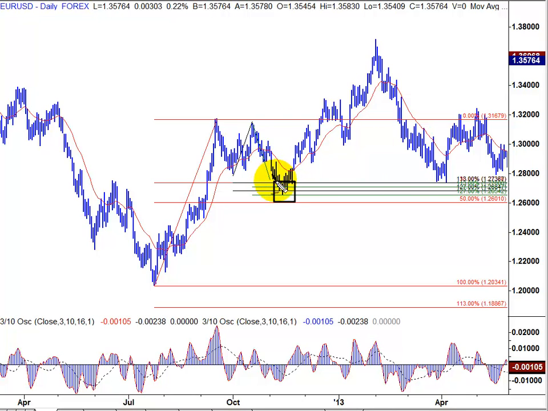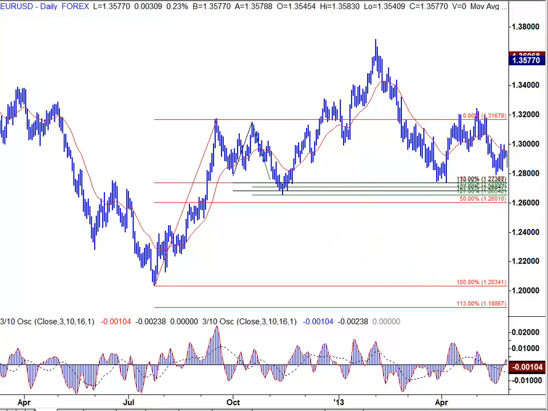So you can see price coming down into here, but what do we see? This whole zone is a cluster of support areas. Okay, so this whole area ends up being a floor, so to say.